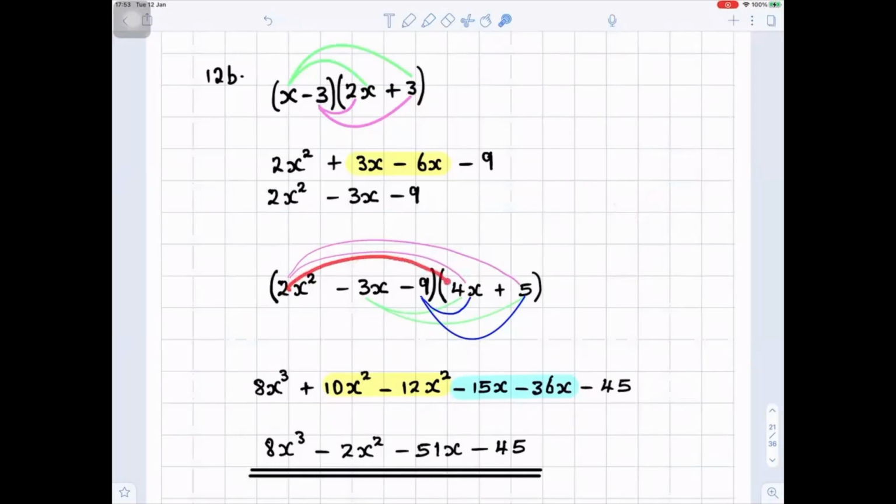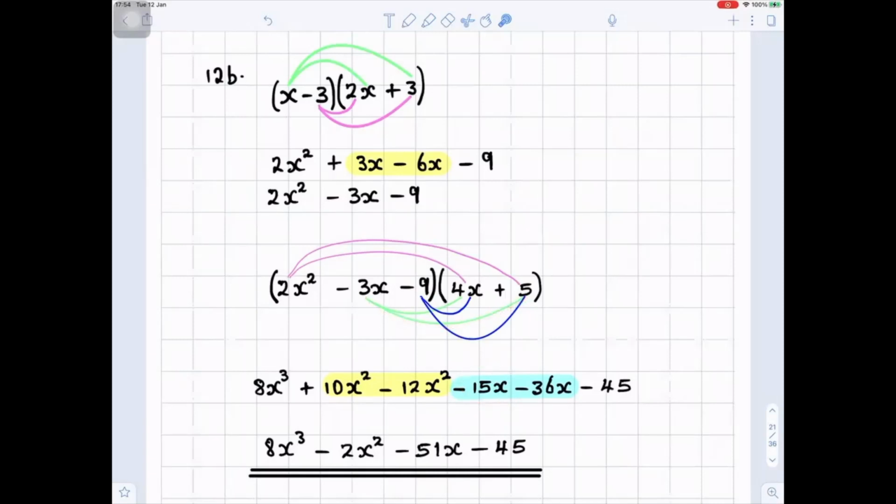So 2x squared times 4x is 8x cubed. 2x squared times 5. 2 times 5 is 10, so it gives you 10x squared. Minus 3x times 4x is minus 12x squared. Minus 3x times 5 is minus 15x.